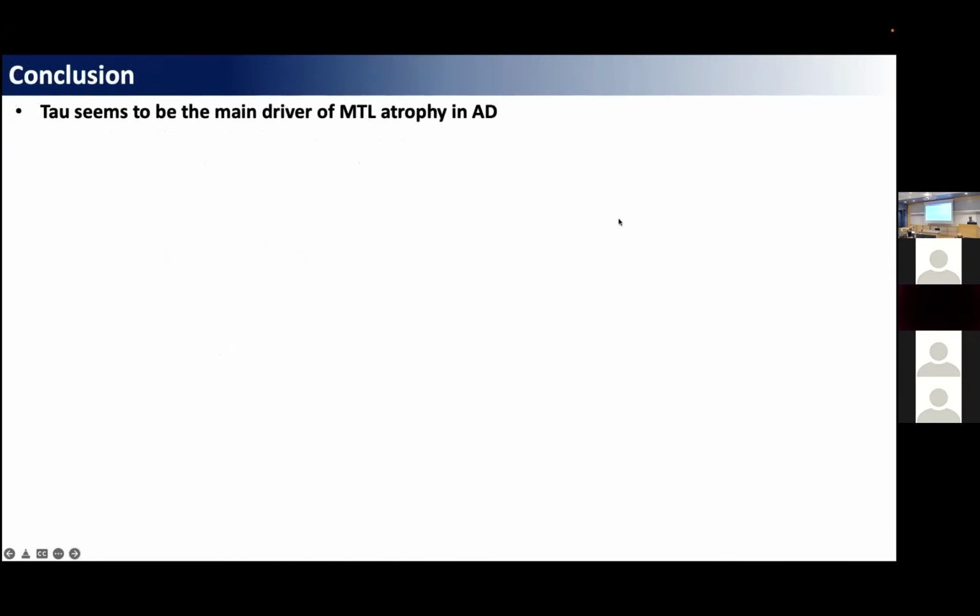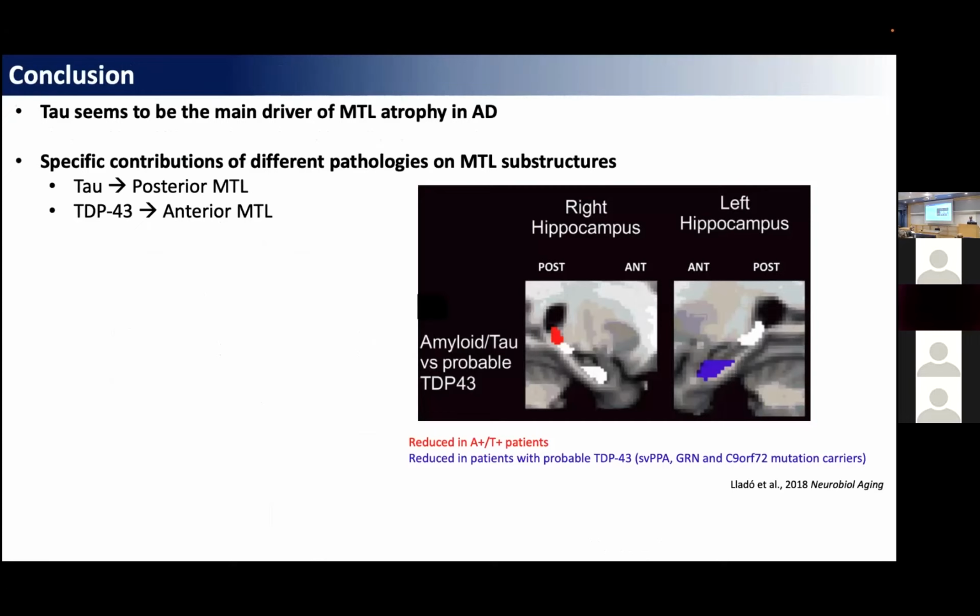To conclude, it really seems that tau is the main driver of MTL atrophy in AD, but there's also a strong contribution of additional pathologies, especially TDP43, with some specific contributions. Tau seems to be more associated with atrophy in the posterior MTL, while TDP seems to be more associated with atrophy in the anterior MTL.